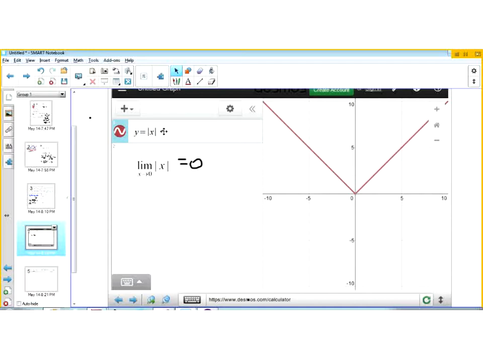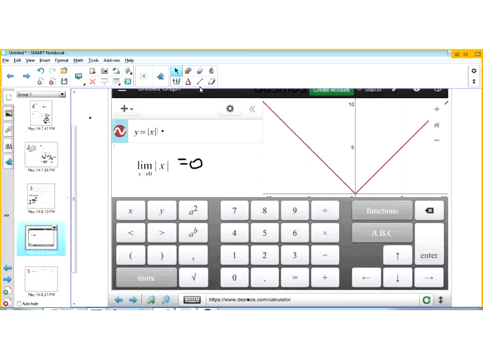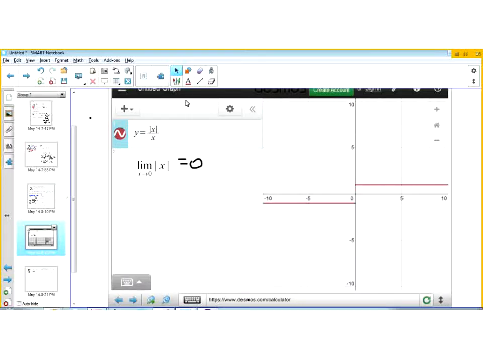How about this function? The absolute value of x divided by x. So we want to evaluate the limit as x approaches 0 of this function.